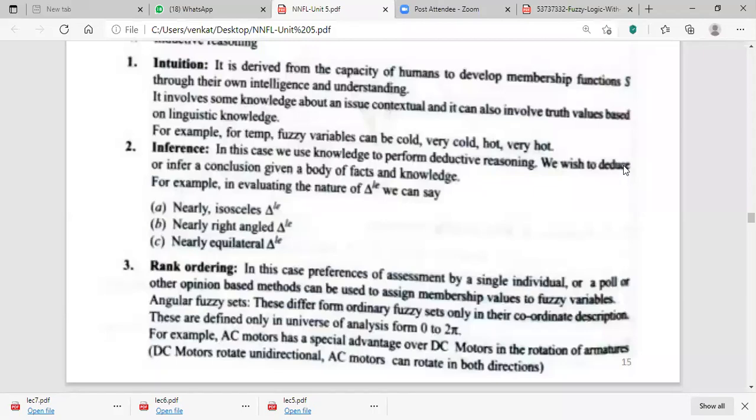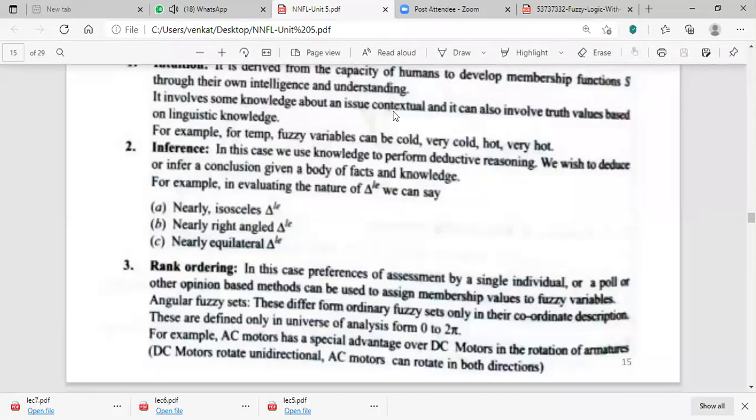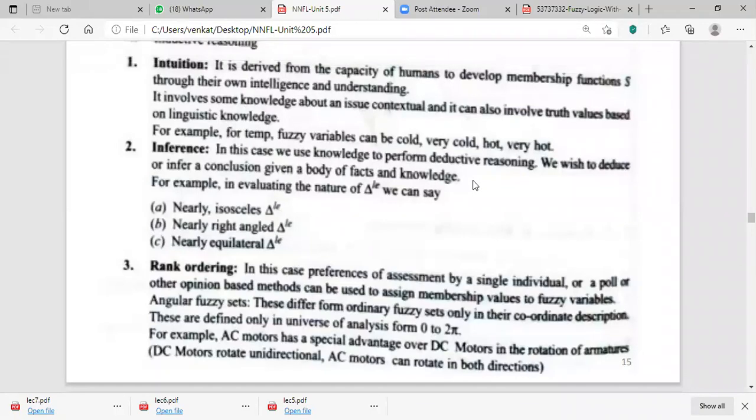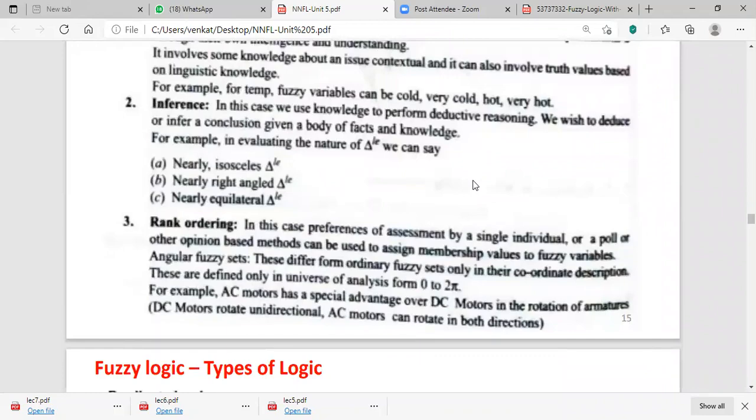For example, consider that AC motors have a special advantage over DC motors. Sorry, DC motors rotate unidirectionally, whereas AC motors can rotate in both directions.